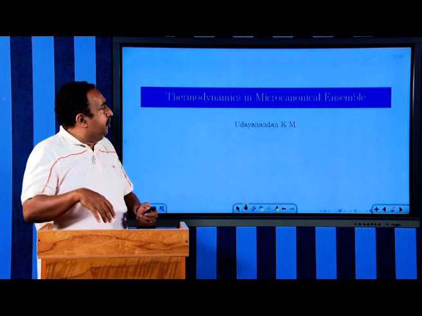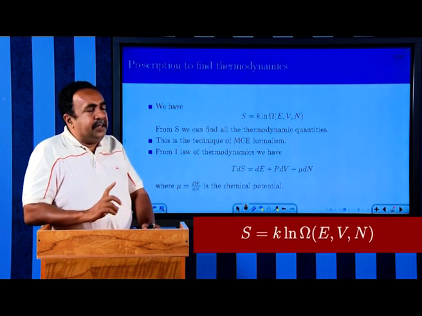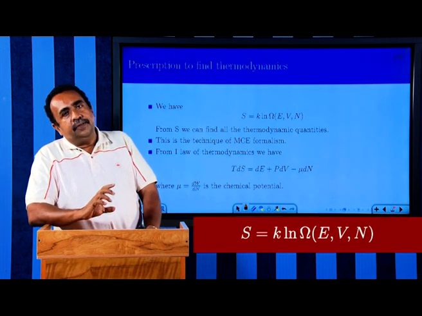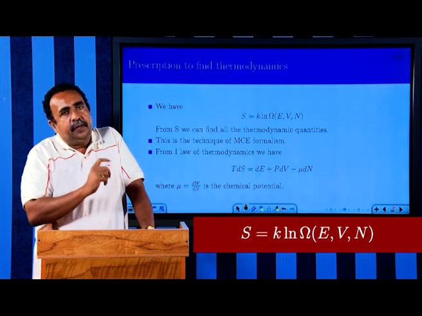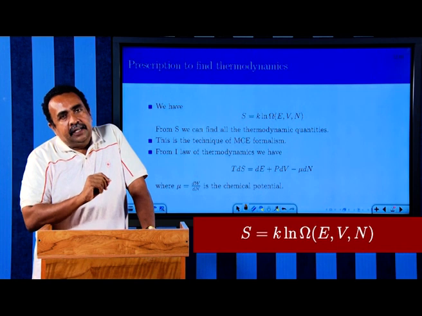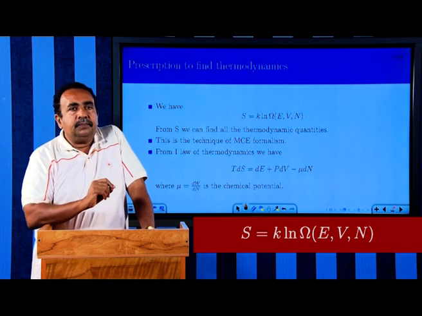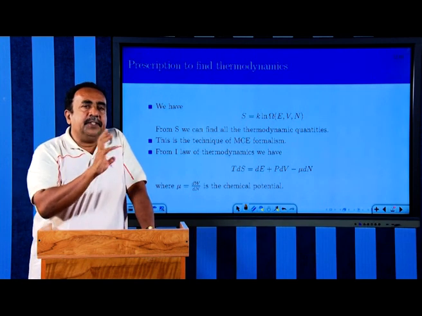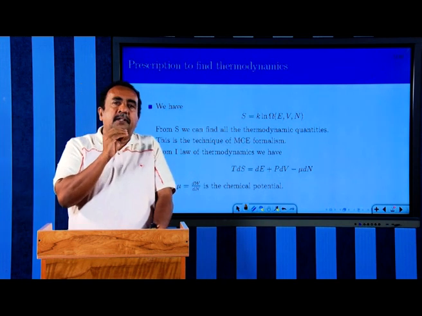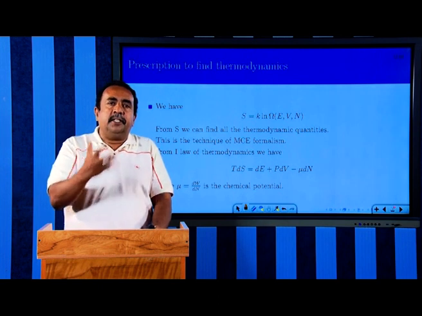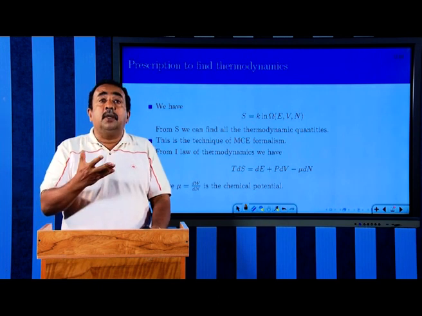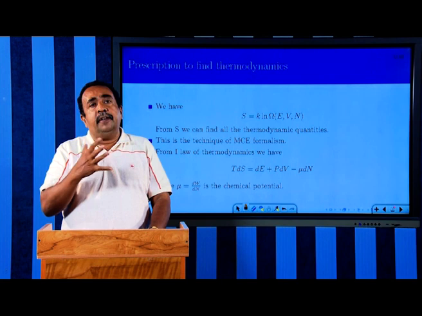Okay. Therefore, you have S is equal to k log omega, which is Boltzmann's equation. Now, from the first law of thermodynamics, if you give heat to a system, which I will represent by delta Q, then for that system there will be a change in internal energy and there will be external work done, and the work done can be in different forms.